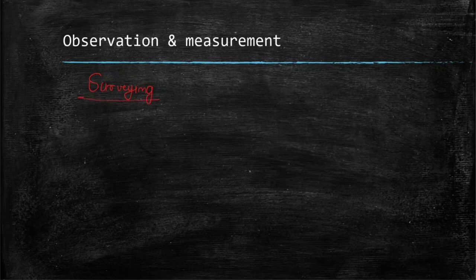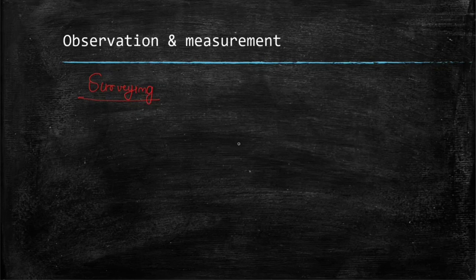Surveying, the classic definition that you read in some standard textbook, is the art of determining the relative position of a point with respect to some references.